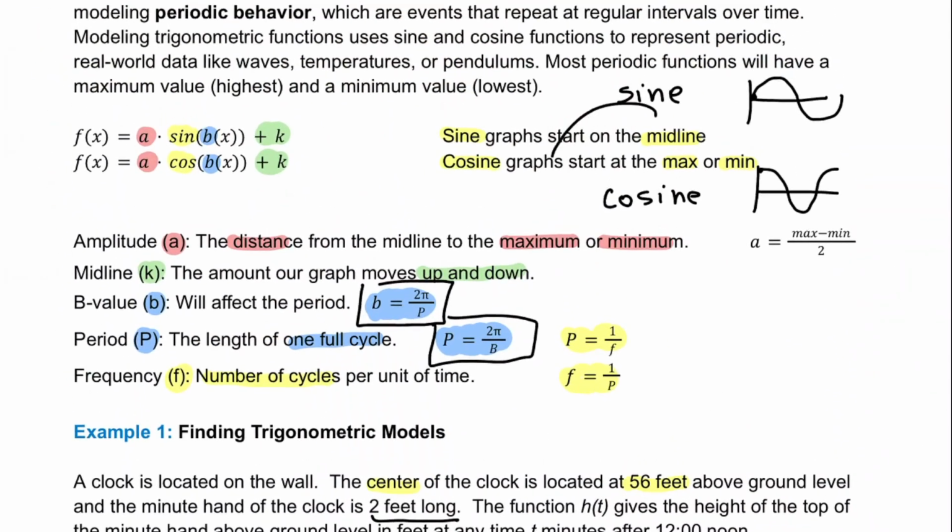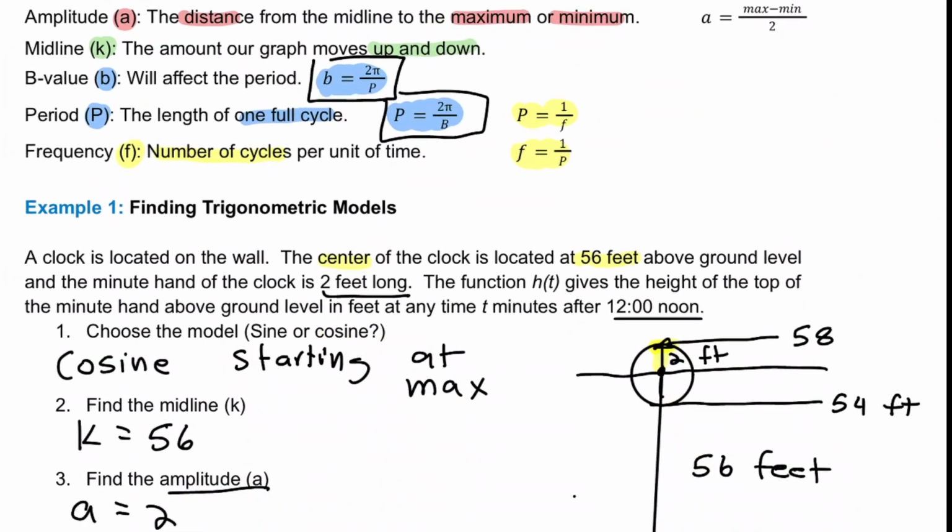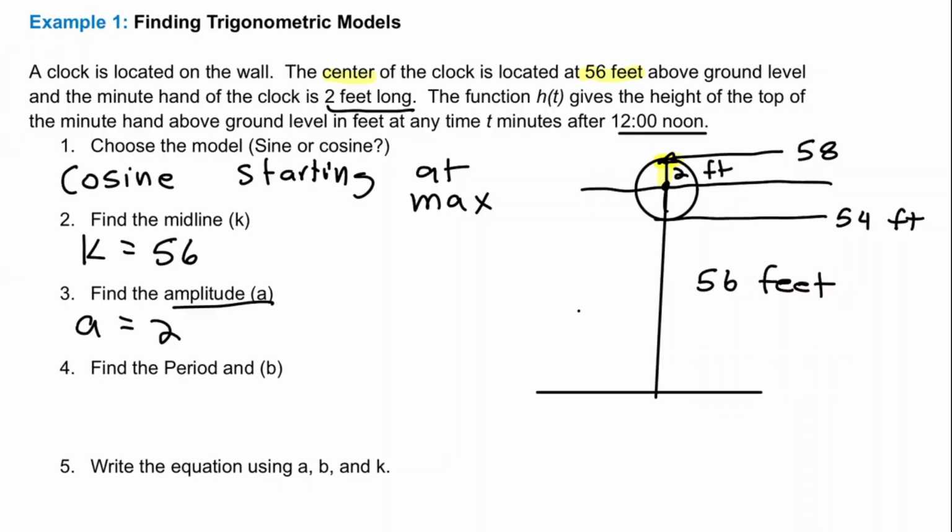Again, I want to think where is it starting? Is it starting in the middle or is it starting at the maximum? It's starting at noon, which is when it's pointing at the top. And our period is 1 hour, which is 60 minutes. So normally to find B, I need to do 2 pi divided by P.